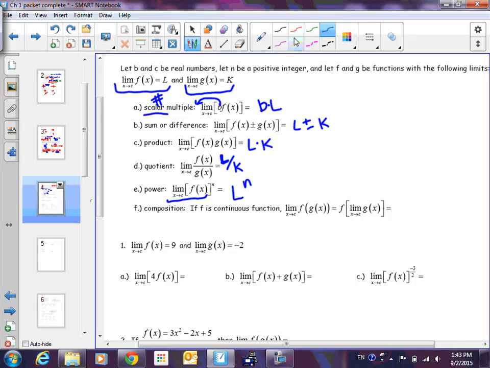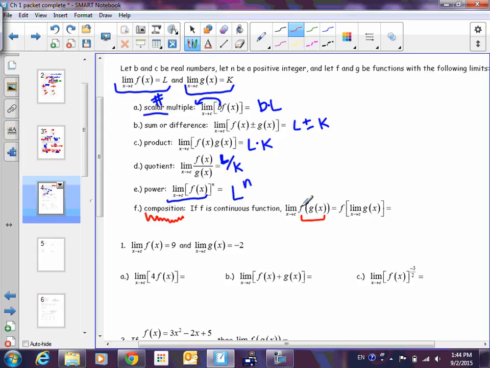Okay, composition is one that not only makes our life easier, but it's actually necessary to do a couple of these problems at the bottom. You have to know how to do this one. You remember in Algebra 2 and Pre-Cal when you did f of g of x? That's usually a lot of algebra, where you plug a function into x.